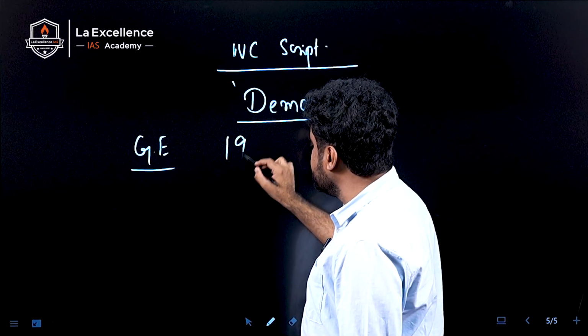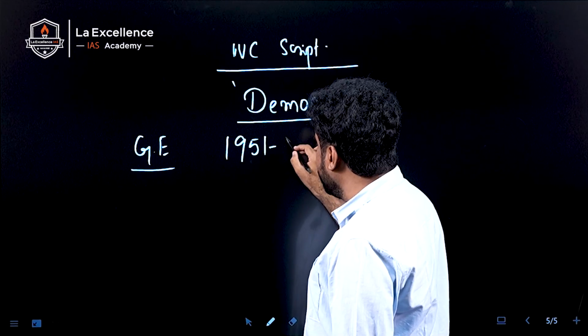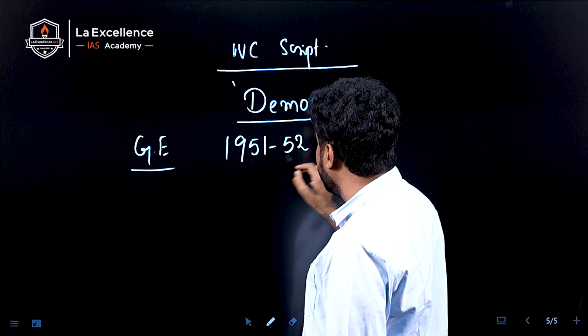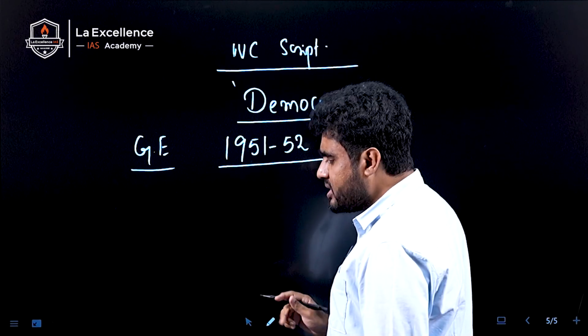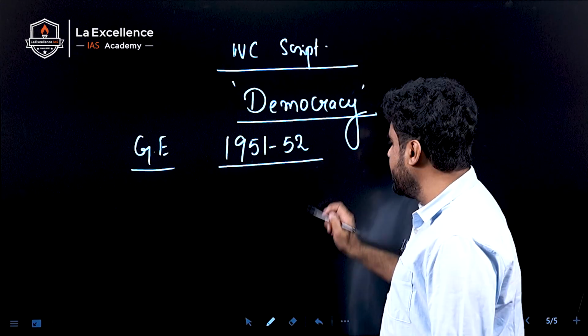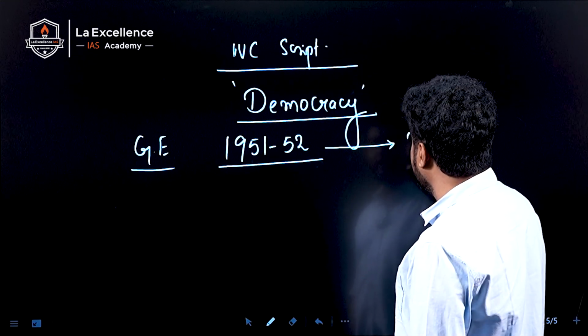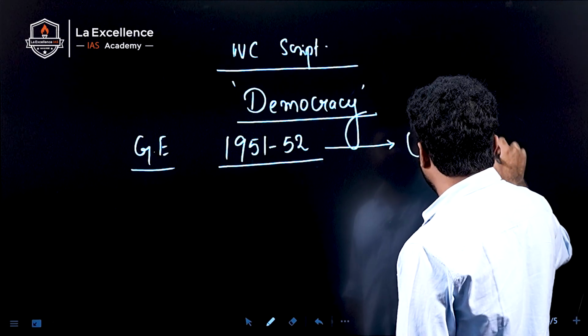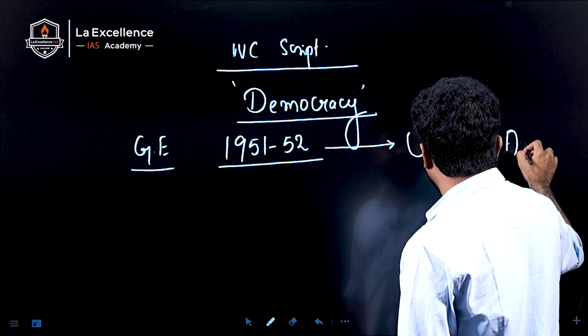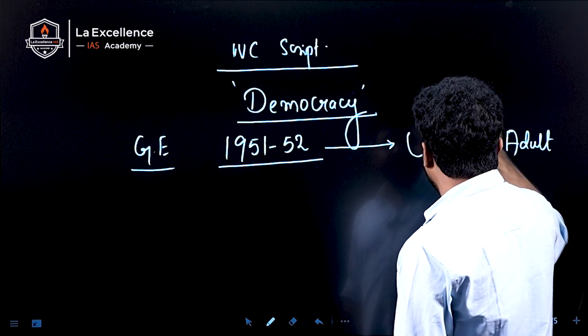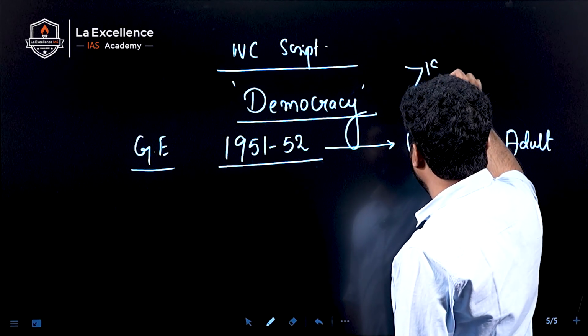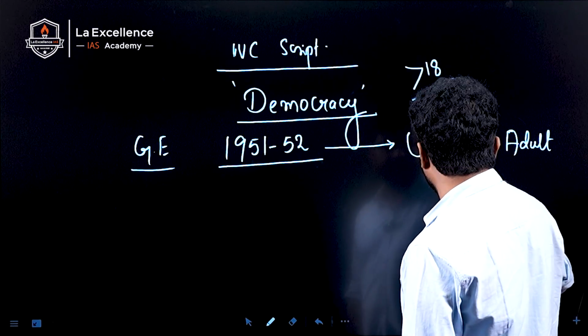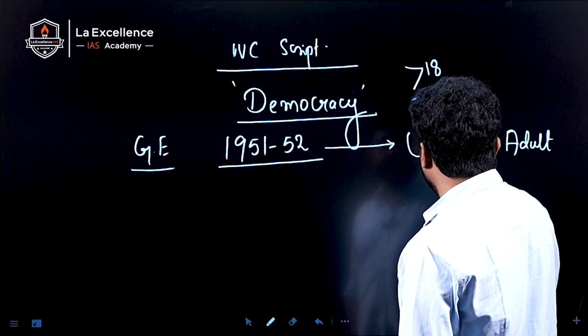Right from the beginning, if you look at the general elections of India, the first general elections were conducted from 1951 to 1952. As you all know, for the first time India went with universal adult franchise. It means every Indian greater than 18 years old got the right to vote.